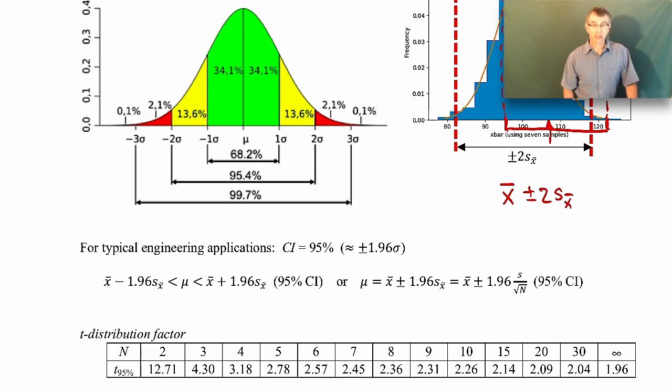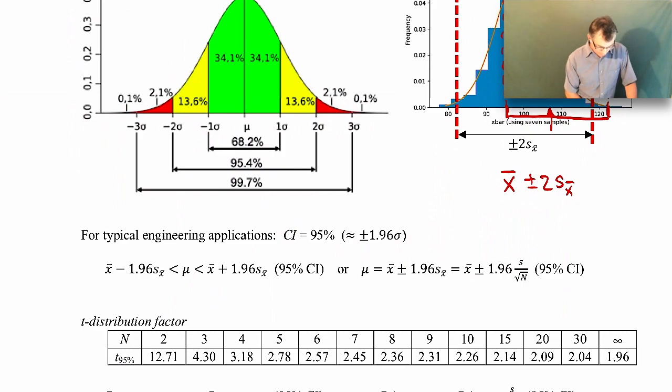They're both close enough. And so our true mean, mu, is going to lie in the range of our sample mean minus 1.96 times our standard error, and on the upper bound, our sample mean plus 1.96 times our standard error.